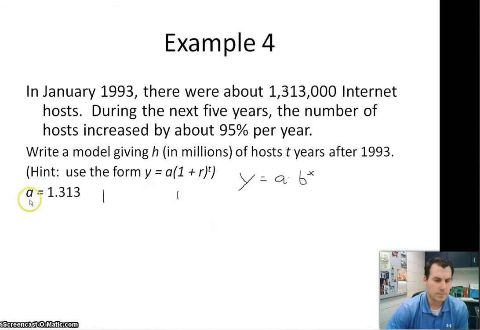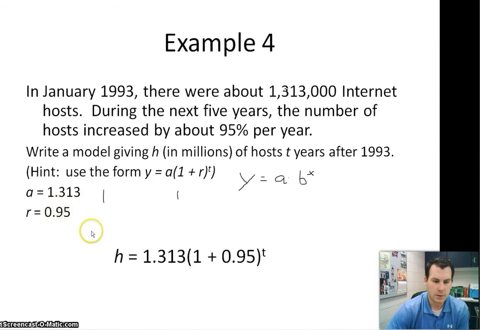Our initial amount here from the problem, it says in millions, so we changed this big number to just 1.313 because it's in millions. Our rate, since it's 95%, we're going to change that to a decimal, 0.95, and fill in our equation here. So the number of hosts is equal to our initial amount, 1.313, times 1 plus our rate raised to the t.